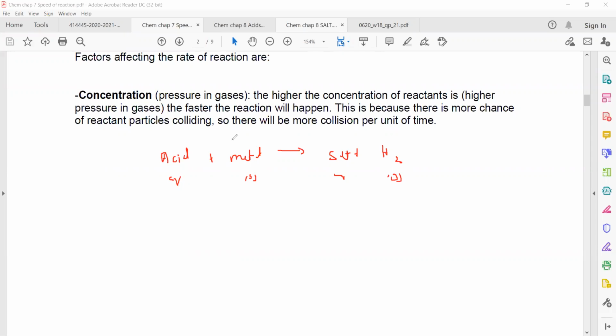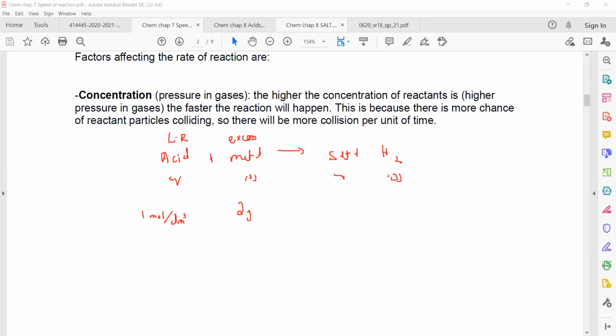If I am using excess metal, more than enough, and a limiting reagent as the acid, say 2 grams of metal reacting with 1 mole per dm cubed concentration of acid, which is the limiting reagent.